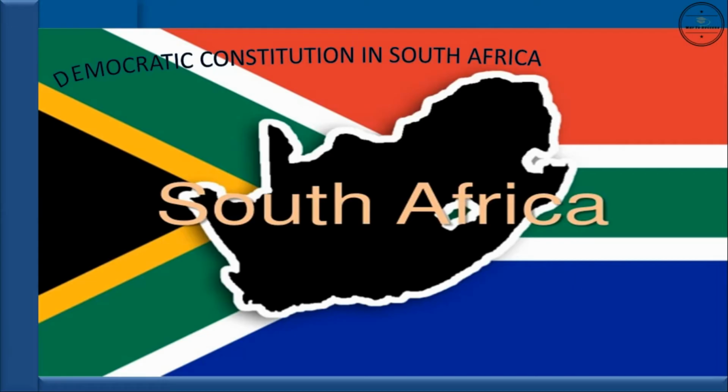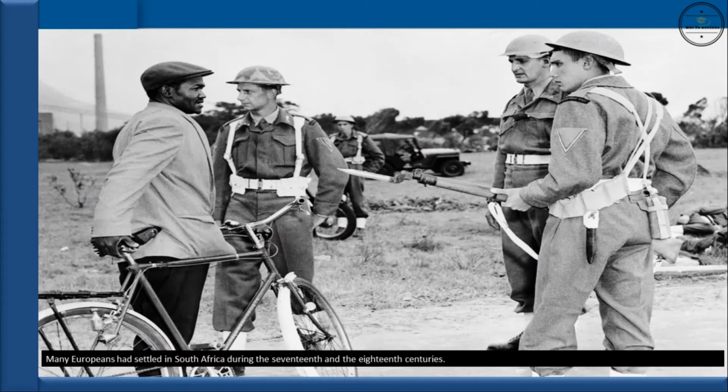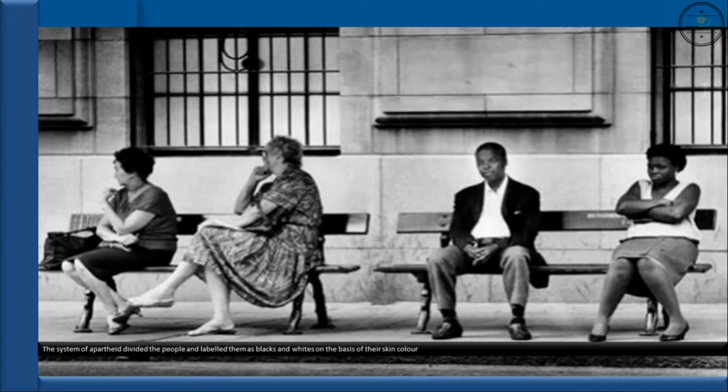Democratic Constitution in South Africa. Many Europeans had settled in South Africa during the 17th and 18th centuries. They followed the policy of apartheid. The system of apartheid divided the people and labeled them as blacks and whites on the basis of their skin color.